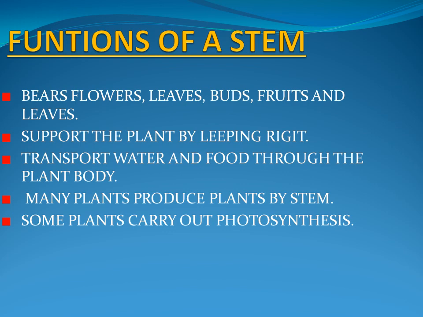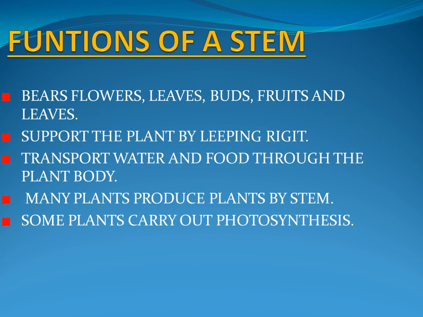So the stem takes water and minerals and all those things and gives them to the branches, so the branches can carry coconuts, sorry, the branches can carry mangoes or rambutan.